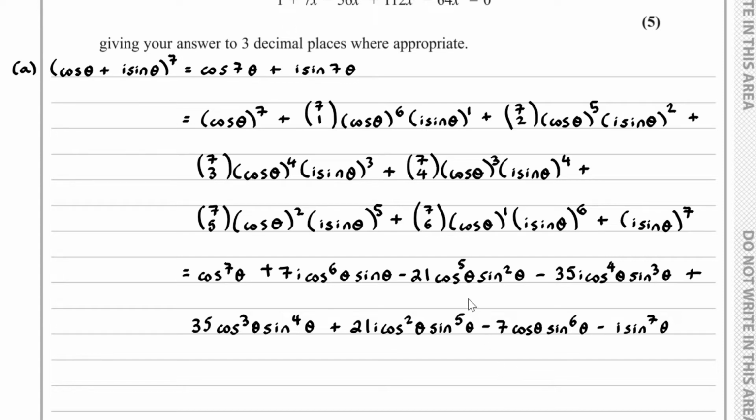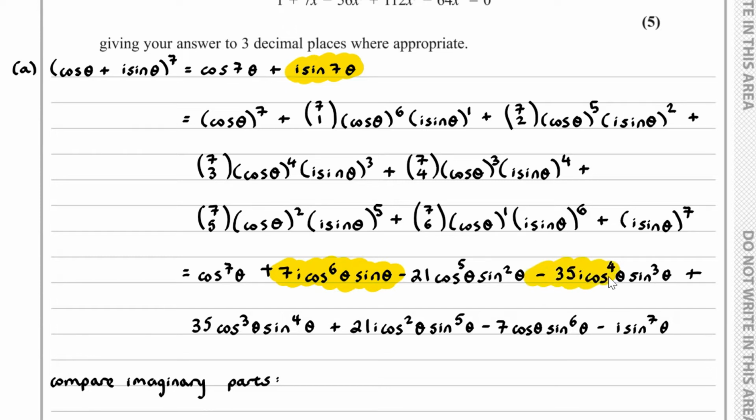And now for us to find out what sin 7 theta is, we would have to compare imaginary parts. So now we will compare imaginary parts. And if we do that, you can see here we've got i sin 7 theta equaling 7i cos theta to the 6 times sin theta.